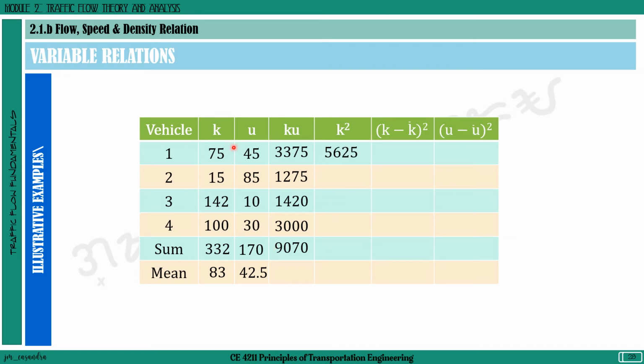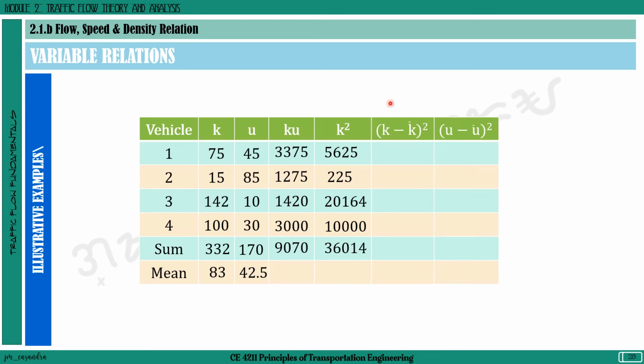Then for K squared, that will be 5625, 225, 2164. Then we have 10,000. Okay, for the sum, it will now be 36,014.